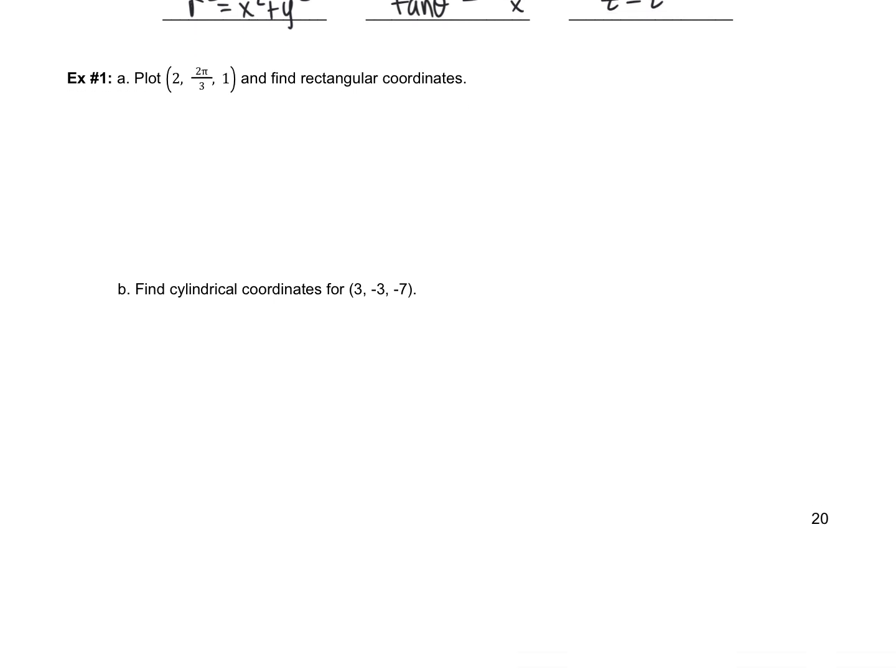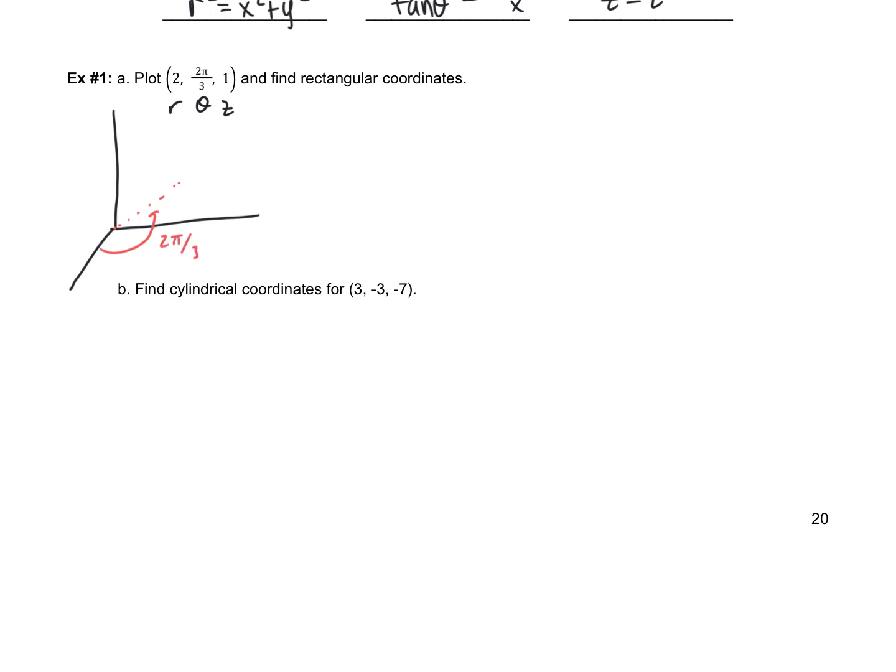Similar idea in B. Okay, so in A, plot (2, 2π/3, 1). So this is our r, our theta, and our z. So if I draw myself my xyz plane, the first thing that I'm going to do is I'm going to move 2π over 3.